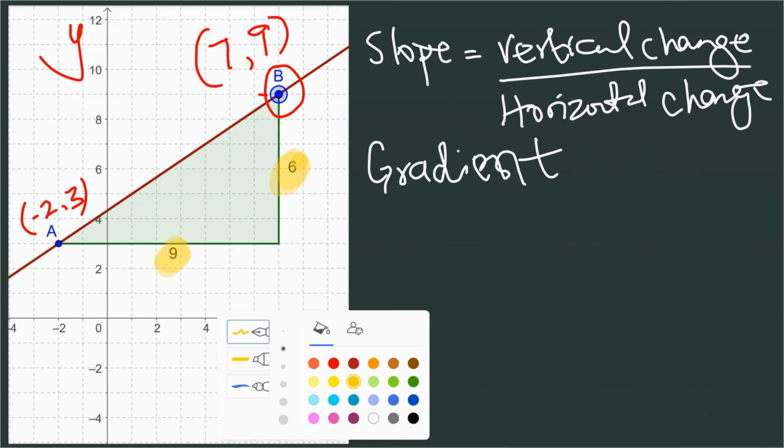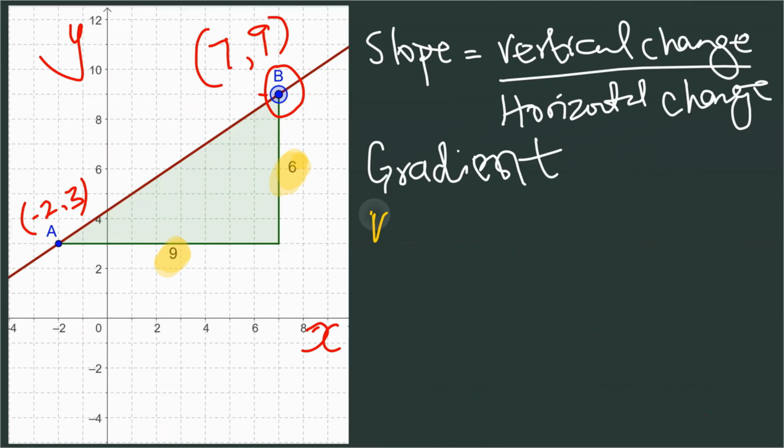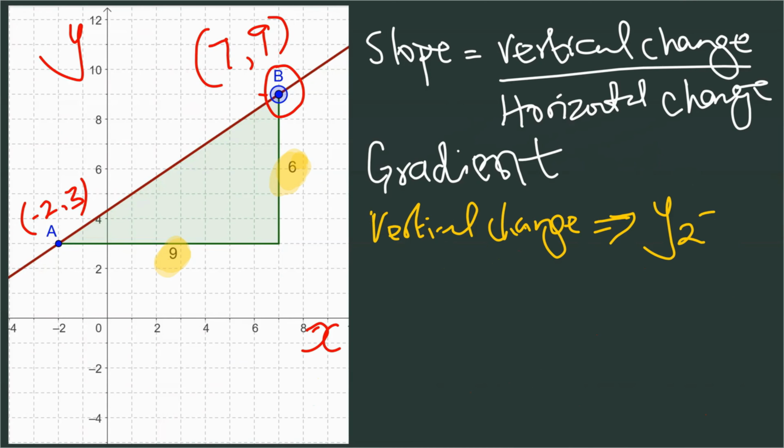To find the vertical change, we subtract y1 from y2: y2 minus y1. We have seen that we subtracted 9 minus 3 and we got 6, which is our vertical change.